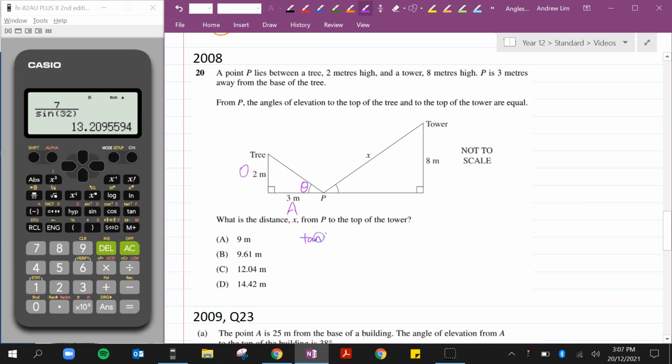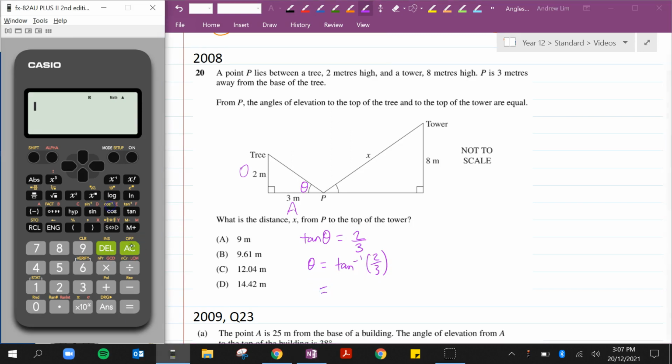So the tangent of the angle is equal to opposite over adjacent. So theta is equal to the inverse tan, or arctan, of 2/3. Whenever we want to work out an angle, we need to press shift. So shift tan of 2/3 is equal to 33.69 degrees. Therefore, this here has to be 33.69 degrees as well.